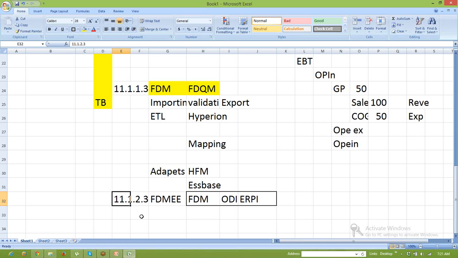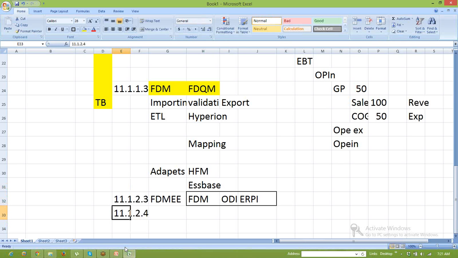So now they just made it FDM E, and they are no longer selling it as two different products. Yes. Last week we had a new version, 11.1.2.4. It was released only last week, right? Sure.